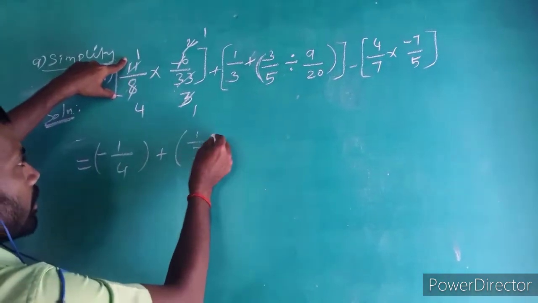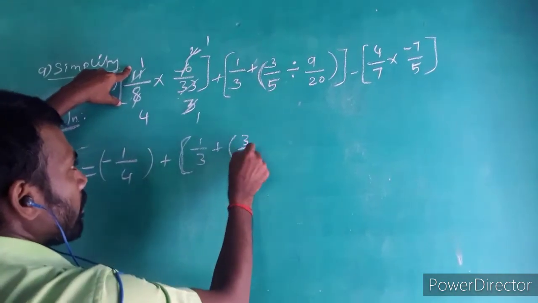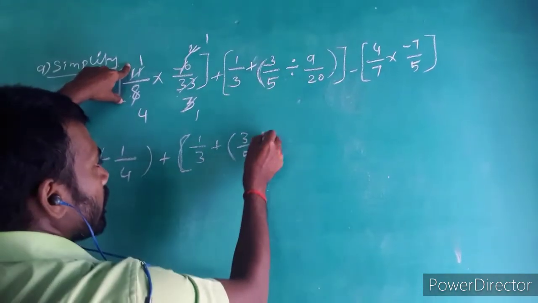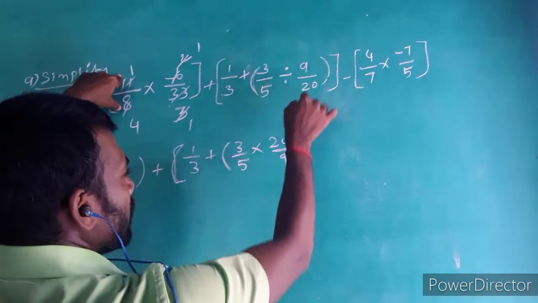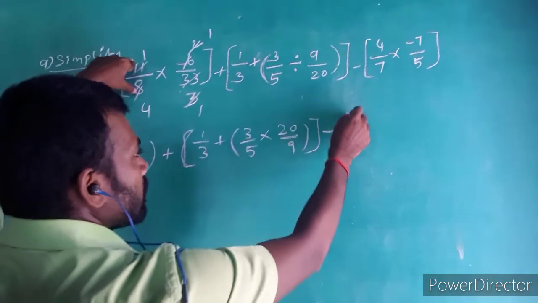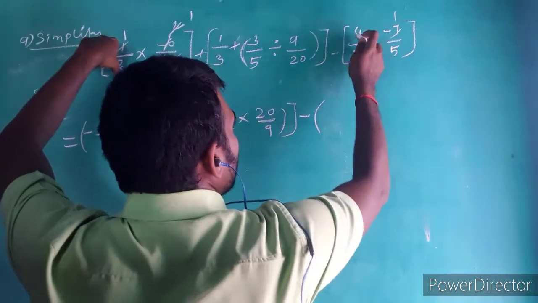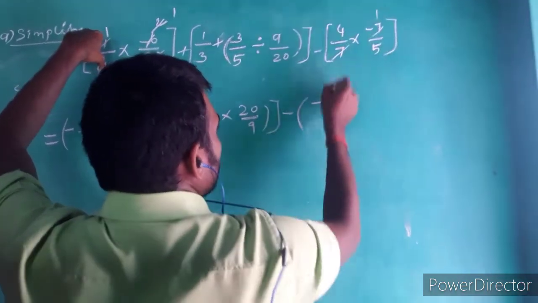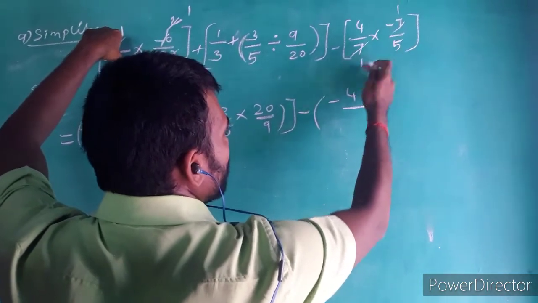1/3 into 3/5, and write the reciprocal of 9/20, which is 20/9. Next, minus: cancel cross-wise, 7 and 7 cancel, so minus into minus is plus. 1 fours are 4, and 1 fives are 5.